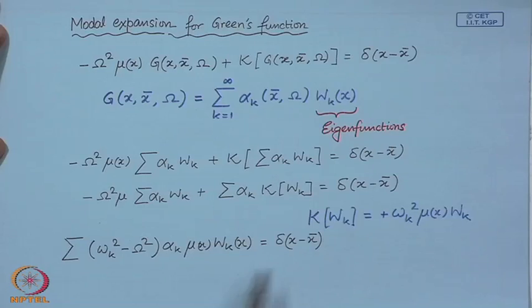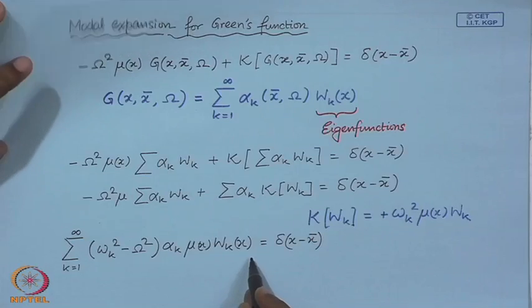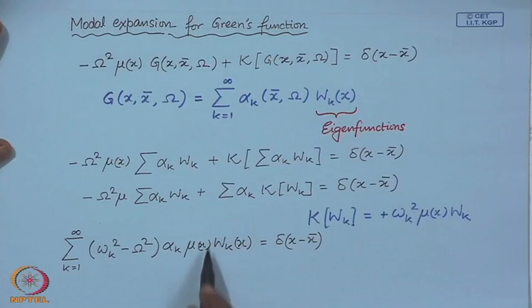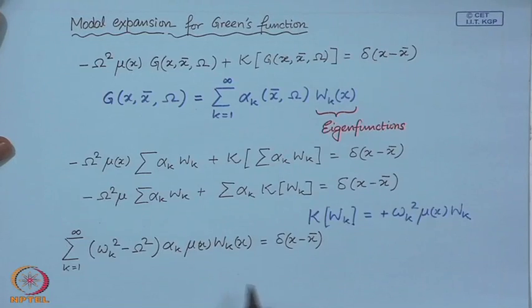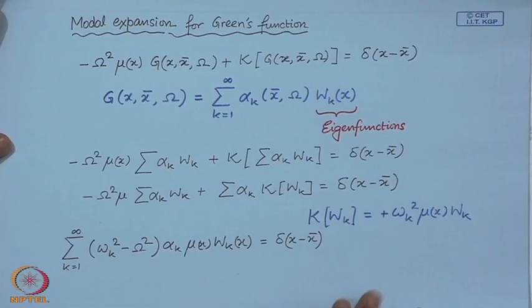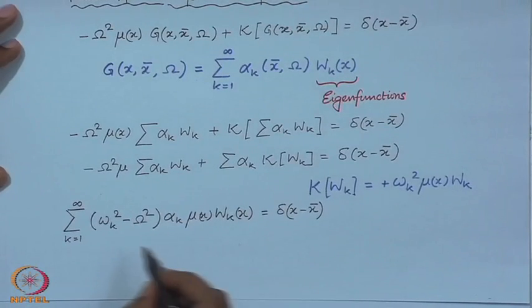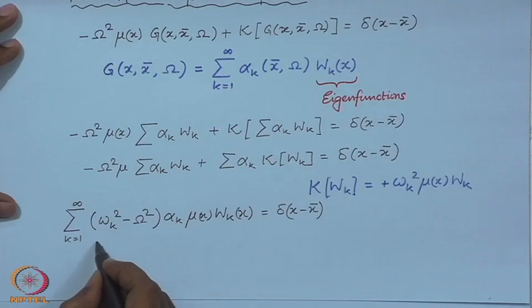now to solve this equation for this unknown alpha k, we use the orthogonality property of eigenfunctions, which means I take inner product with w j on both sides, and using the orthogonality, then it filters out the jth term of this expansion.